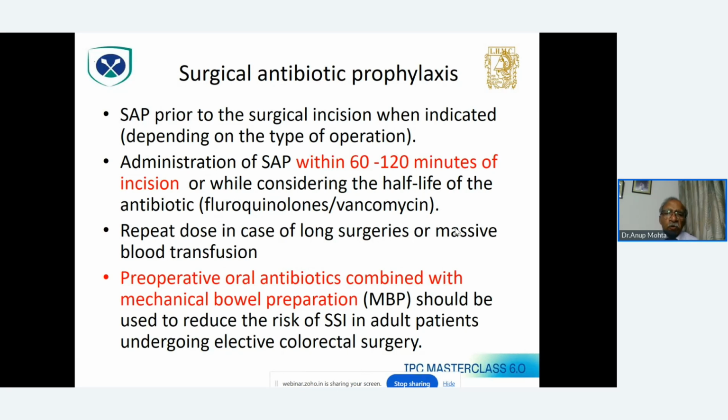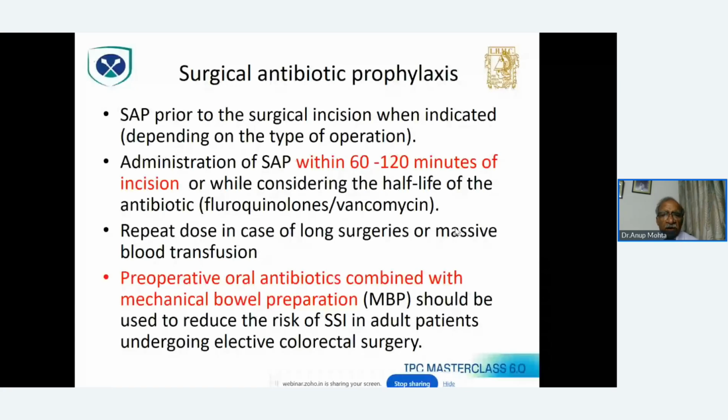However, for fluoroquinolones and vancomycin, because the half-life is different, we can give them within 120 minutes also, because the levels in the blood will remain for a longer time. A repeat dose of surgical antibiotic prophylaxis has to be given for longer surgeries, lasting many hours together, which cross the half-life of the antibiotic, or when there's massive blood loss requiring massive blood transfusion.